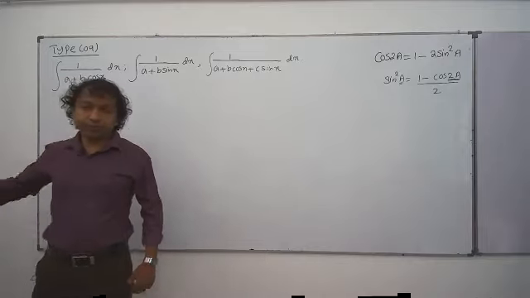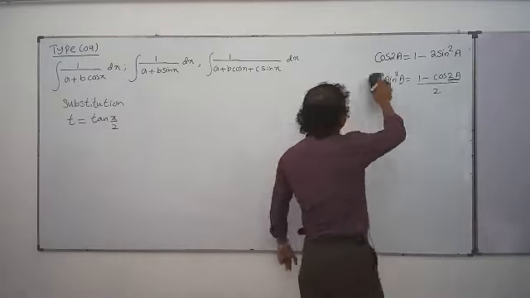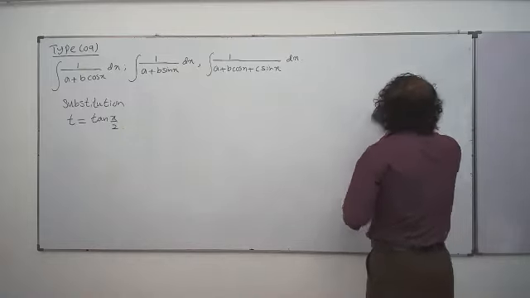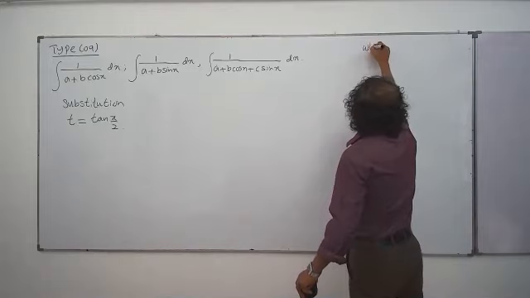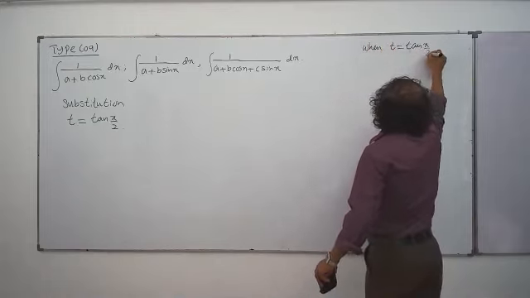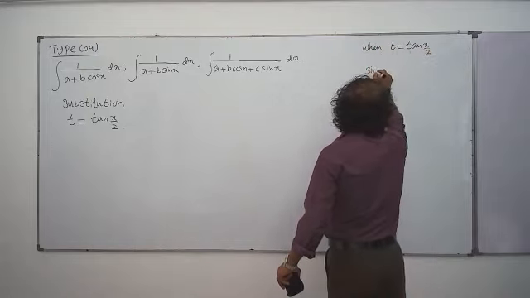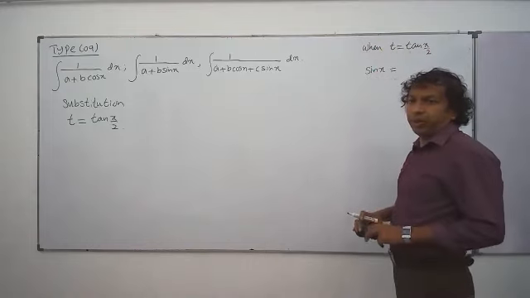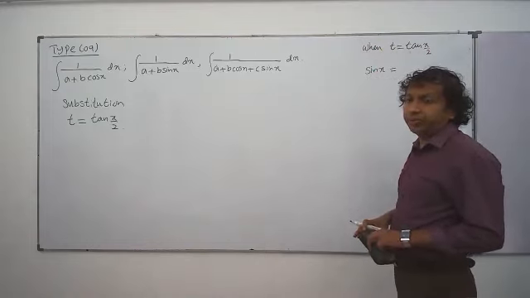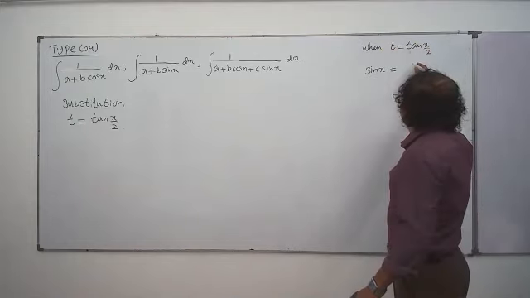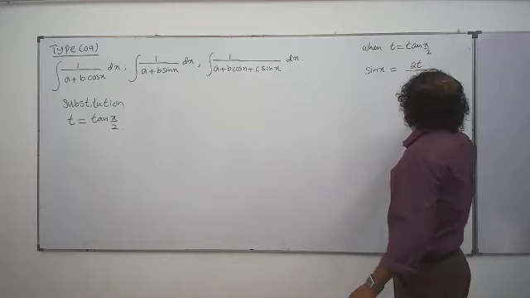That is the substitution. We know when t equals tan x by 2 under trigonometry, people, can you remember how we wrote sin x? It is 2t divided by 1 plus t squared.